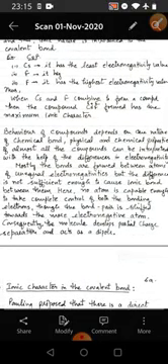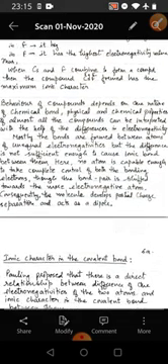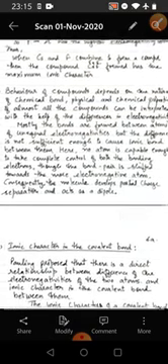Cesium has the least electronegativity value and fluorine has the highest. Thus, when cesium and fluorine combine to form a compound, cesium fluoride has the maximum ionic character. Cesium develops a partial positive charge and fluorine develops a partial negative charge.